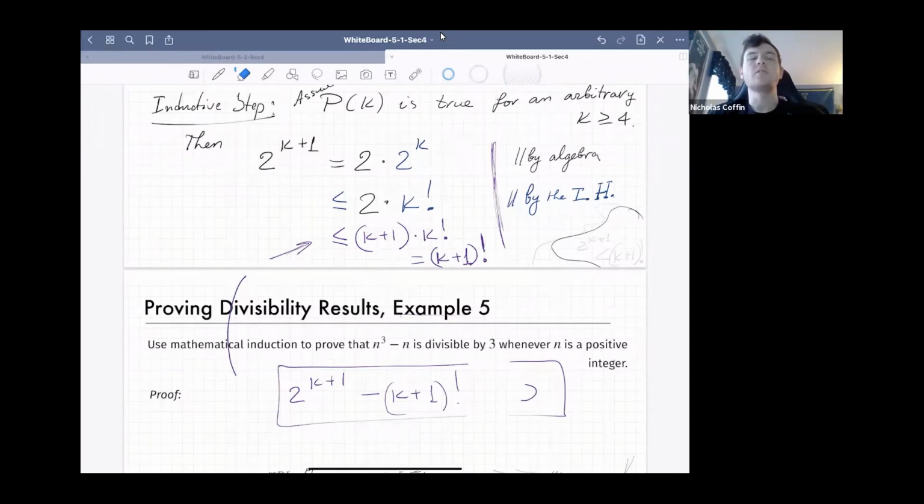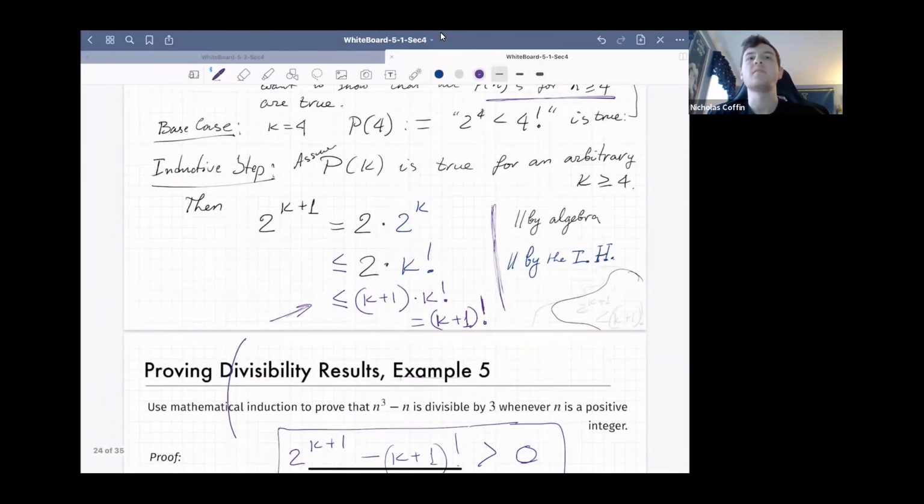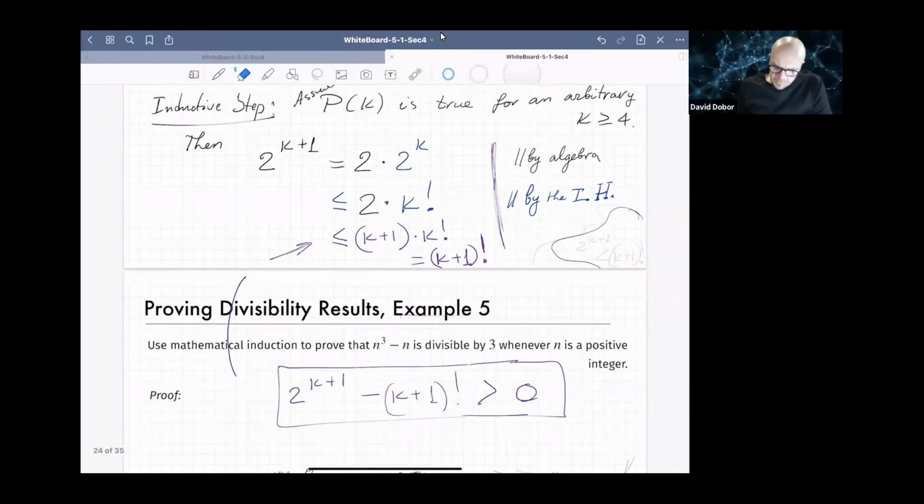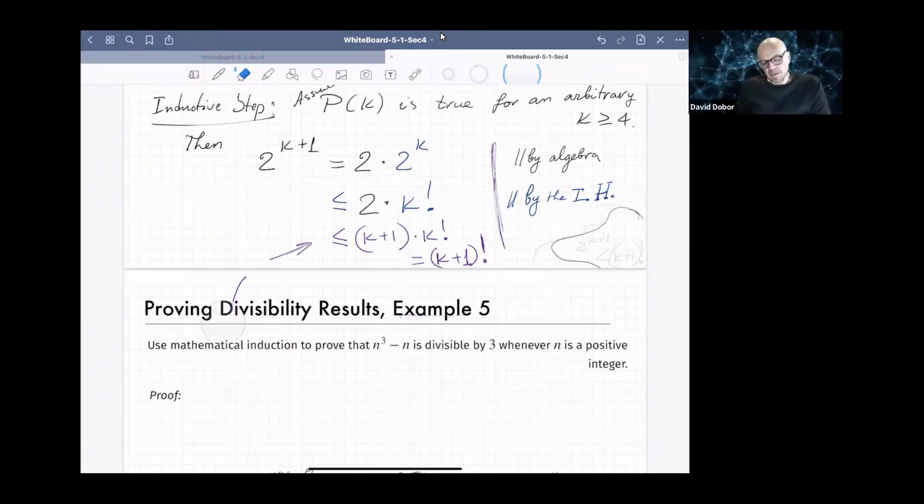I have a question too. How did you get from k plus 1 factorial to 2 times k factorial? I just erased it. Somebody help explain this.